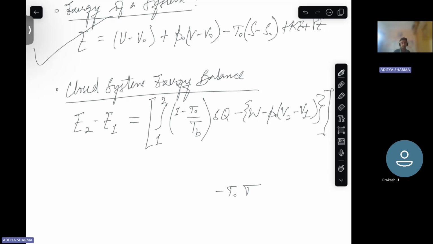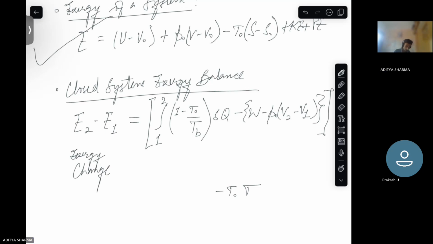And here it comes in the exergy balance term as exergy destruction, right? So when we talk about exergy change, this exergy change comes from two terms.